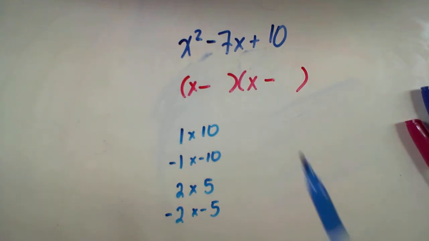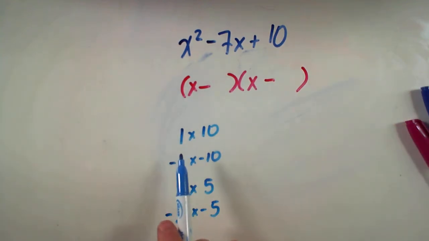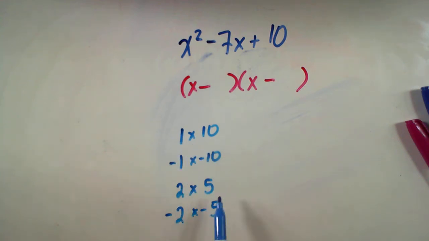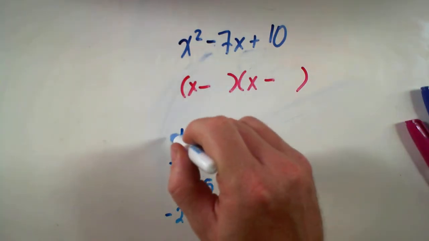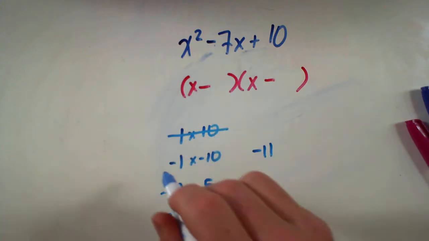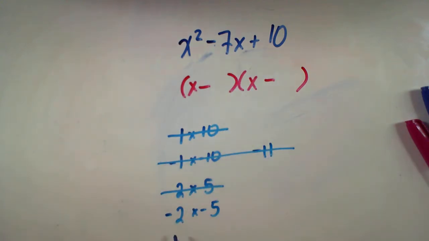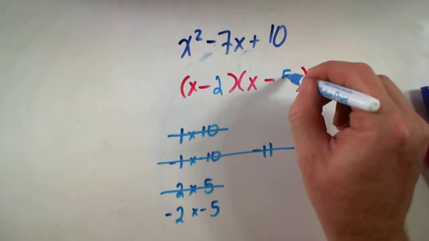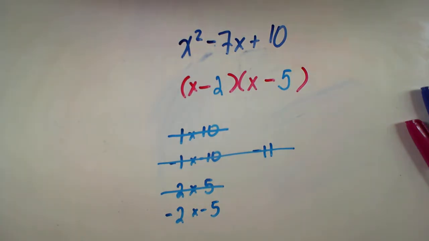Those are all the different ways that you can get 10. Now notice that the signs of both of those in all four cases are the same. Well, since I know that we want negatives, I can immediately throw out those two. Negative 1 plus negative 10 is negative 11. That is not negative 7, so I can throw that one away. Negative 2 plus negative 5 is negative 7, so my 2 and my 5 go there.